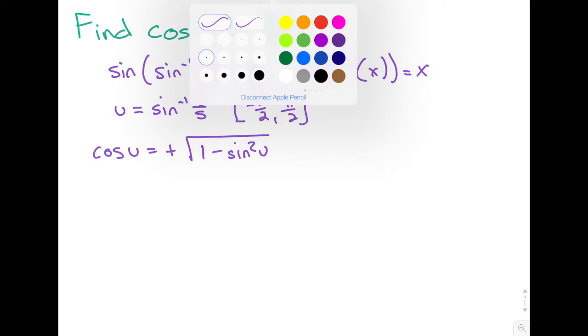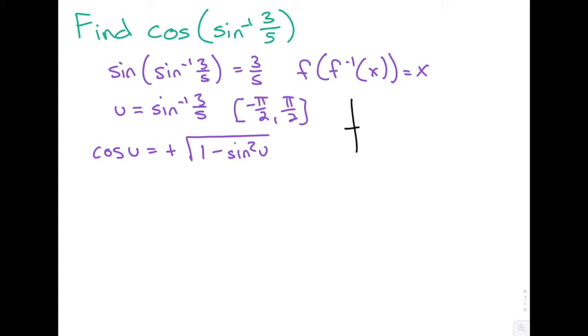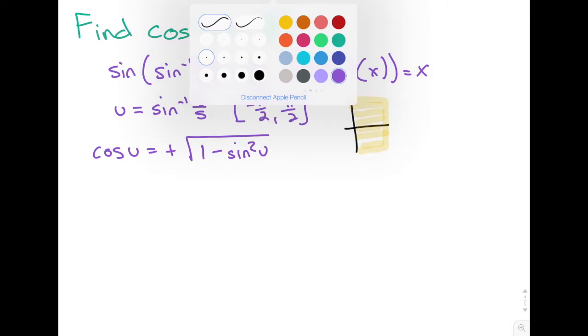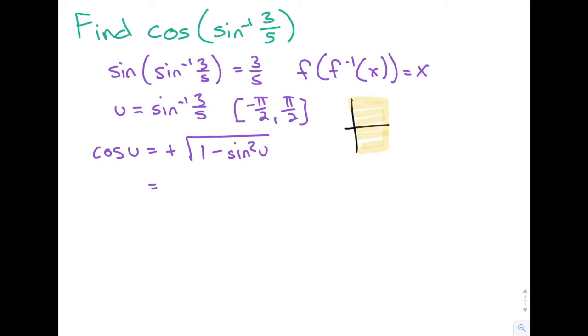In case you forgot, I can just quickly draw: these are all the outputs of sine, and cosine would be positive in all of those. Then we can substitute u back into our equation. So this equals the square root of 1 minus sine squared of sine inverse of 3/5.